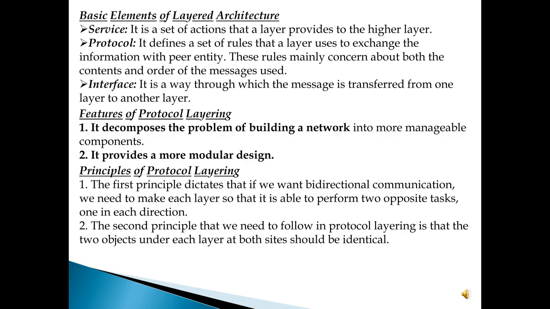It defines a set of rules that a layer uses to exchange information with a peer entity. These rules mainly concern both the contents and order of the messages used. And the third element is interface. It is a way through which the message is transferred from one layer to another layer.